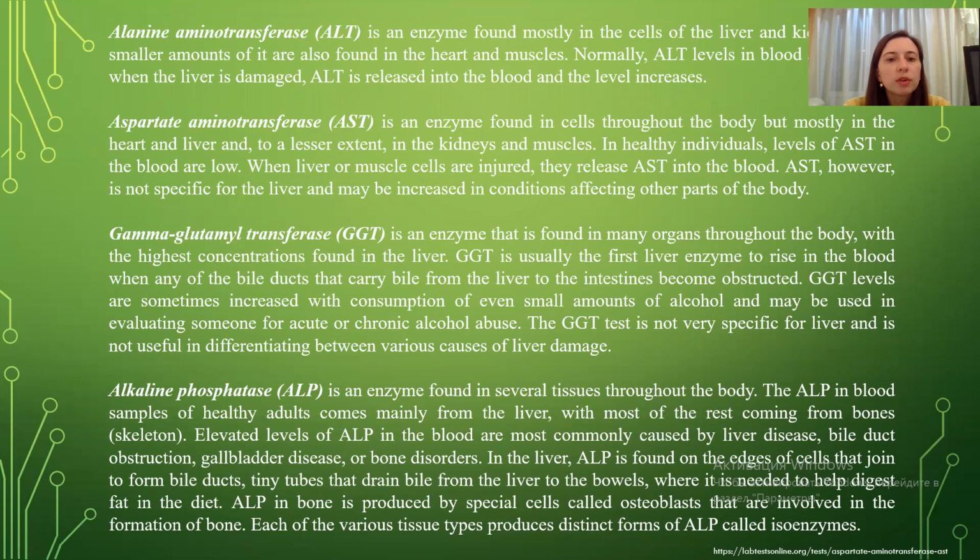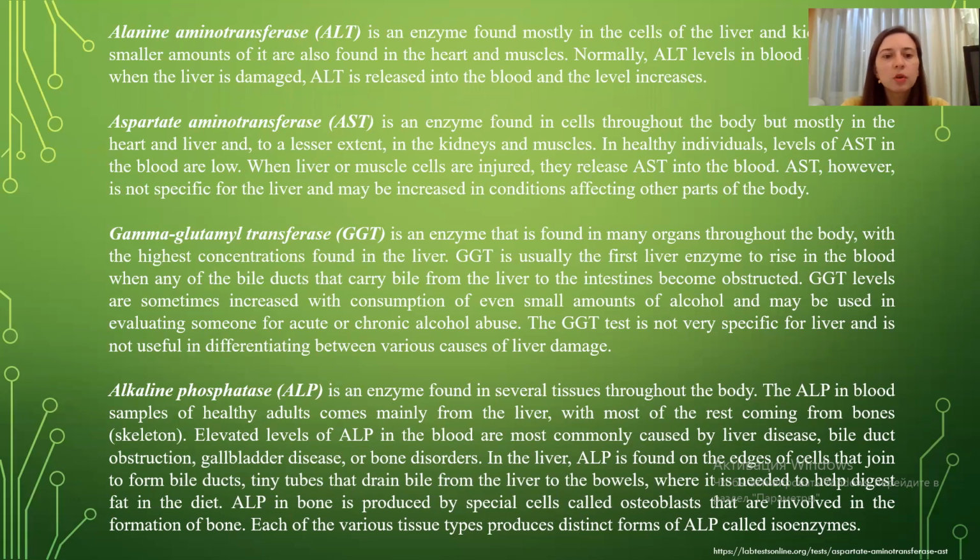Gamma glutamyl transferase is an enzyme that is found in many organs throughout the body, with the highest concentration found in the liver. Gamma glutamyl transferase, GGT, is usually the first liver enzyme to rise in the blood when any of the bile ducts that carry bile from the liver to the intestines become obstructed.